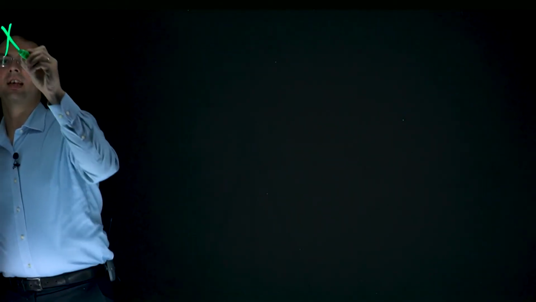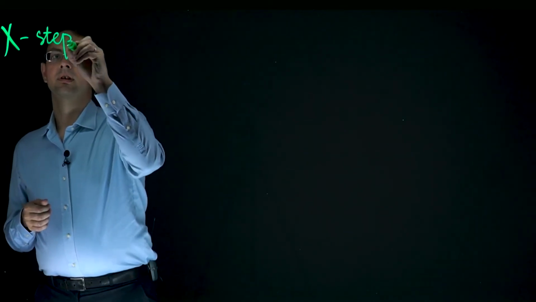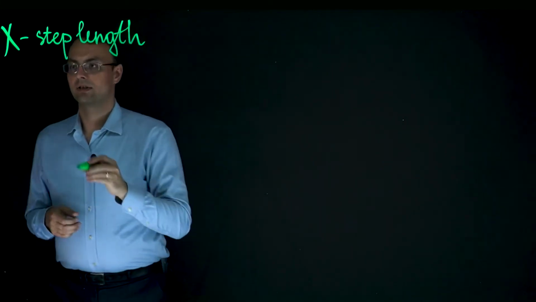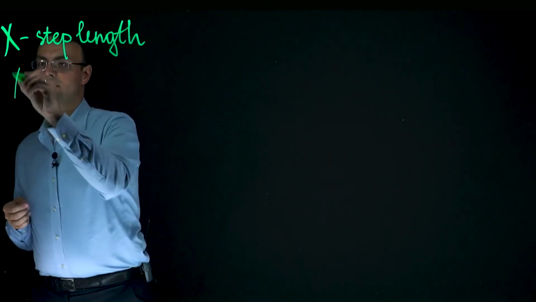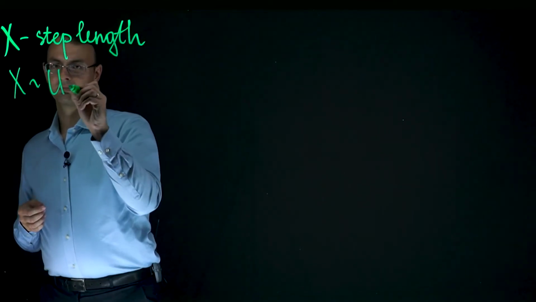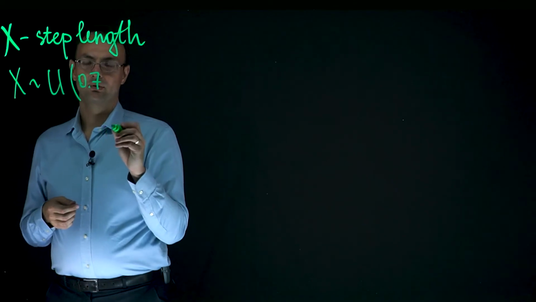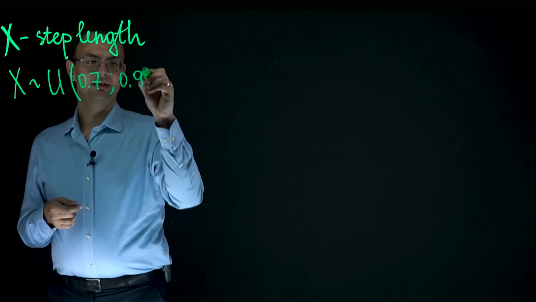So let's say that x is the step length, and so it is random, and its distribution is uniform, let's say from 0.7 to 0.9 meters.